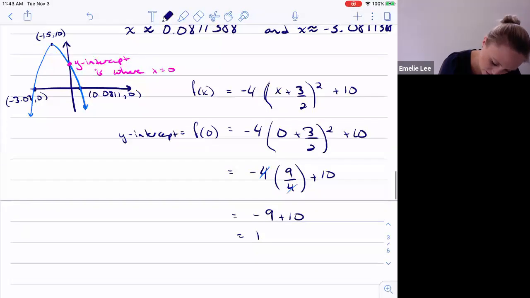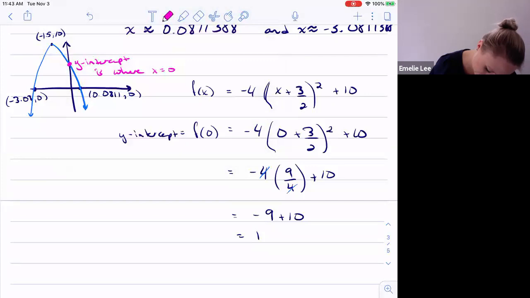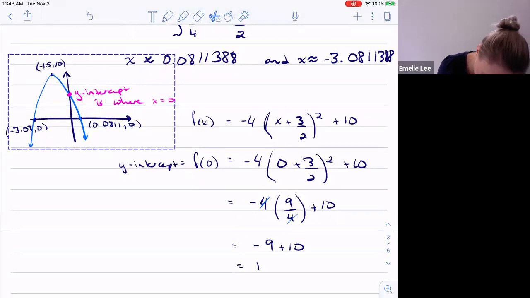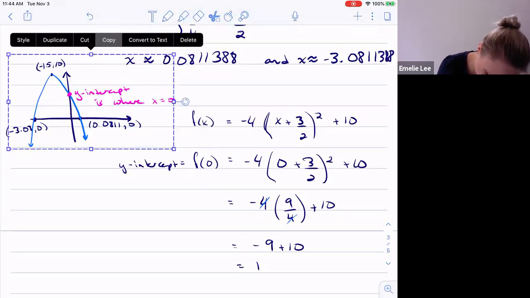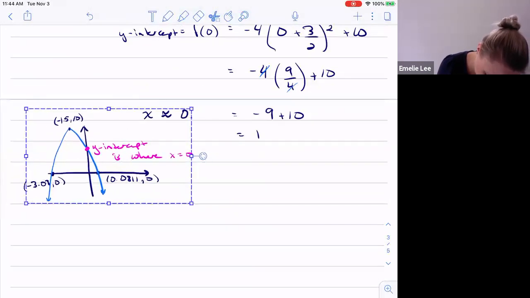The y-intercept, actually, that's spanning 2 pages. That's not very good, is it? Let me copy this down here.